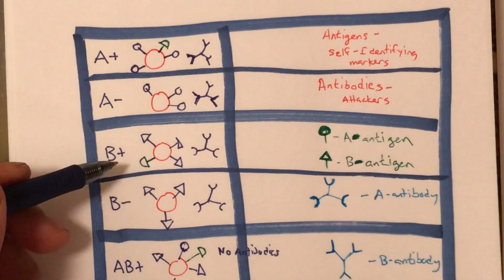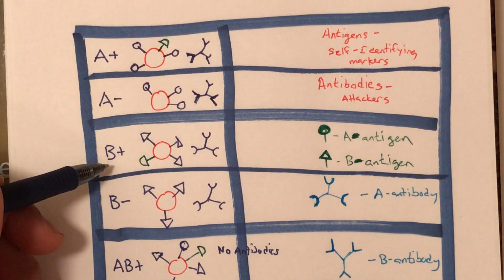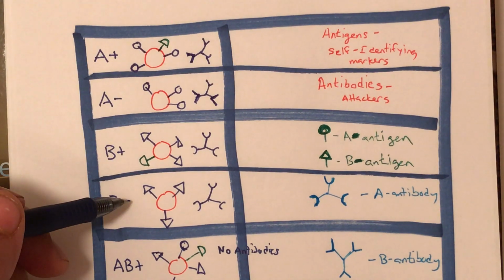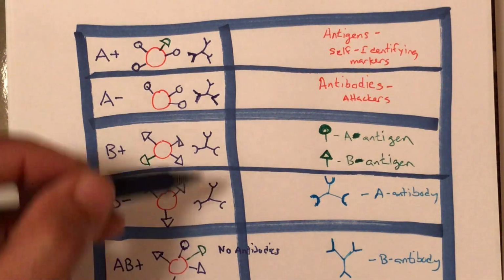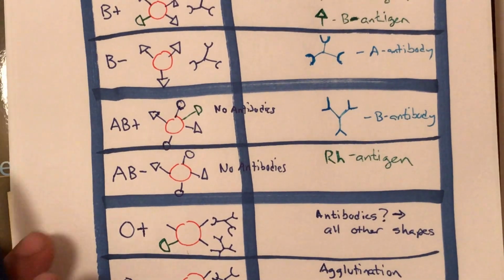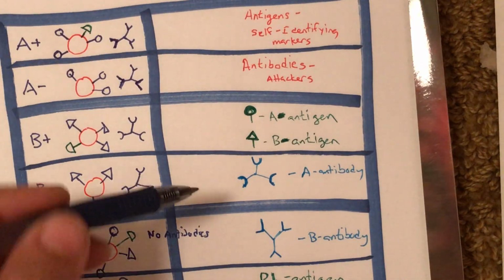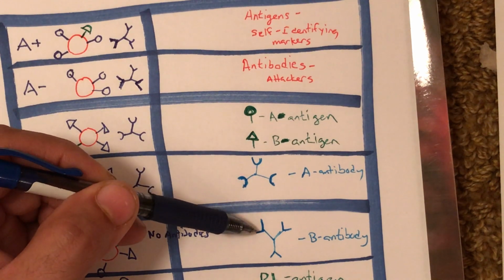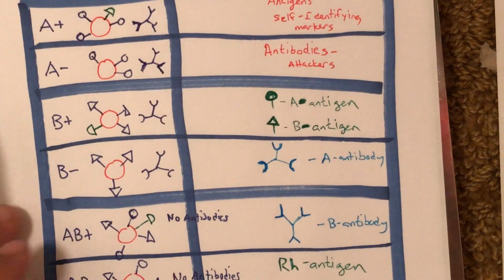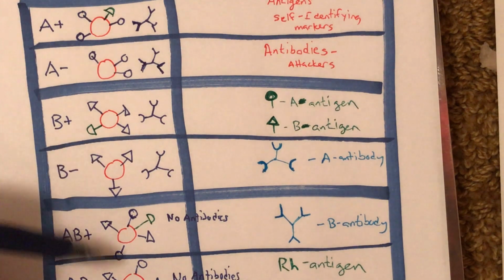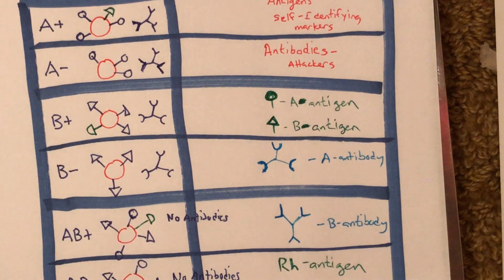So because some people might be exposed down the road, and because we're not generally born with Rh antibodies, we just don't put it in these boxes so that we don't confuse anyone. But it is in our genetic code that we are born with the A antibodies and the B antibodies, even though we weren't exposed to those foreign particles from birth.